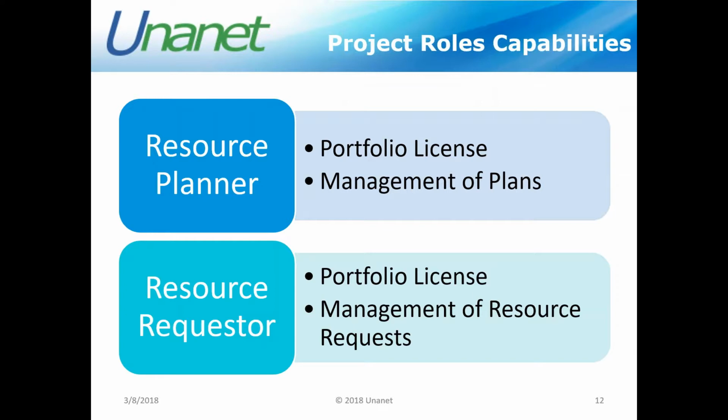I need a subject matter expert on a particular type of information or field of study, and I typically don't have that resource available to me. I'd like to request them from another group. So the resource requester role allows that individual to make that type of resource request. Again, these are only applicable if you've got one of the flavors of the portfolio license.